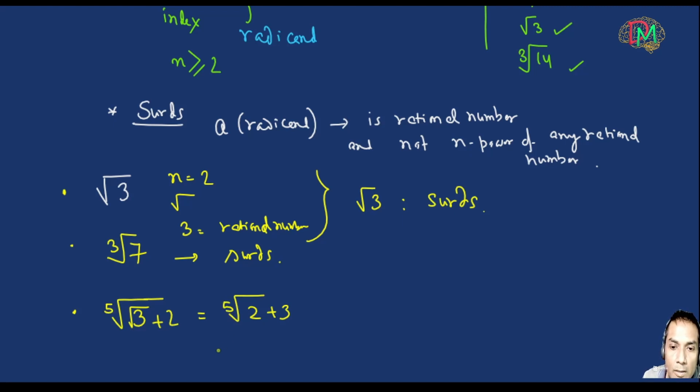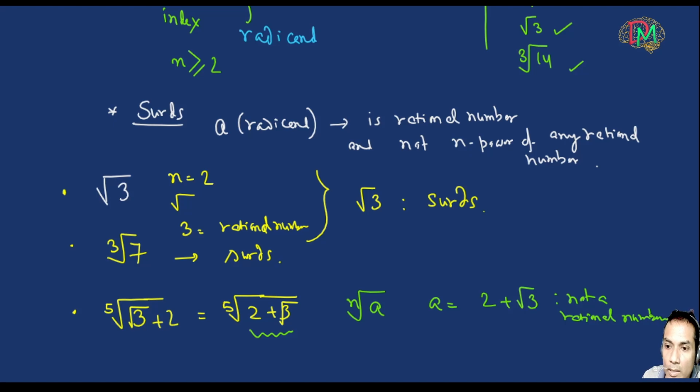Okay, so why is it not a surd? Because find out the a term, this is the a term, so we can compare with this term n. So here a is actually what? A is actually 2 plus root 3, so it is not a rational number. It's an irrational number, so it is not a surd.